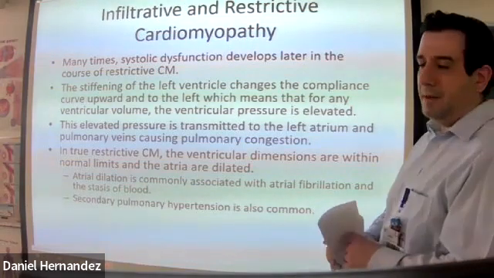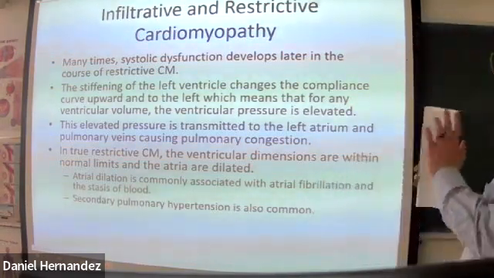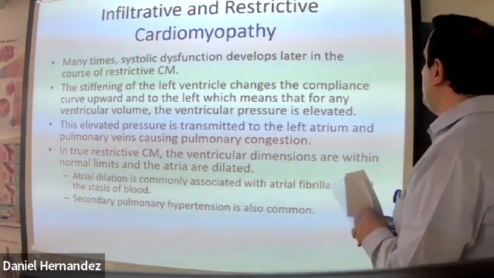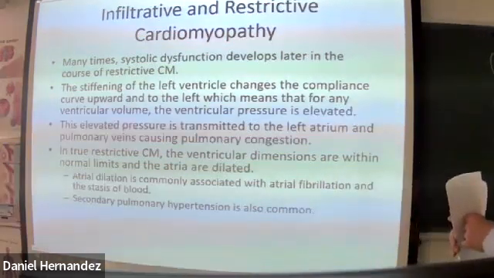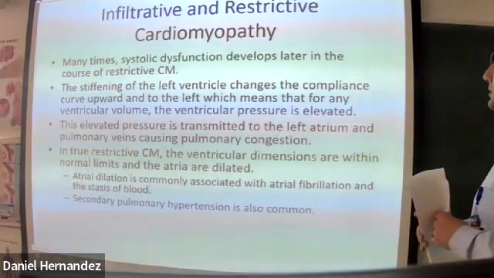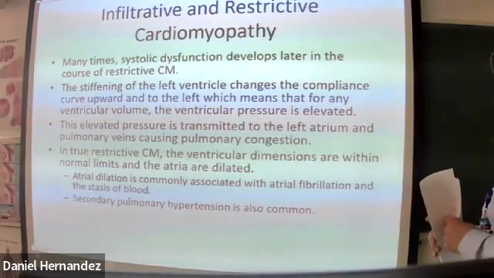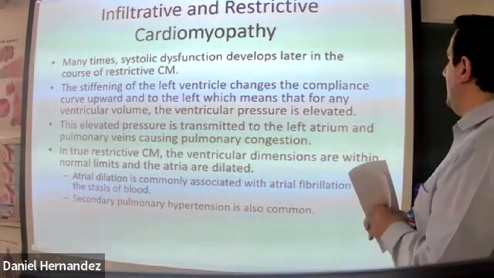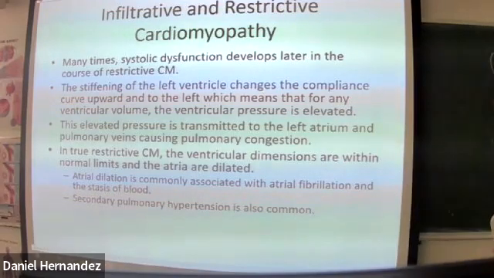This stiffening or this hardening of the ventricular myocardium changes the compliance curve upward to the left, which means that for any ventricular volume, the left ventricular pressure is elevated.